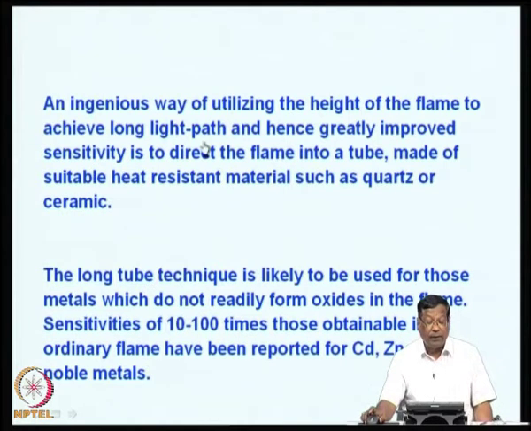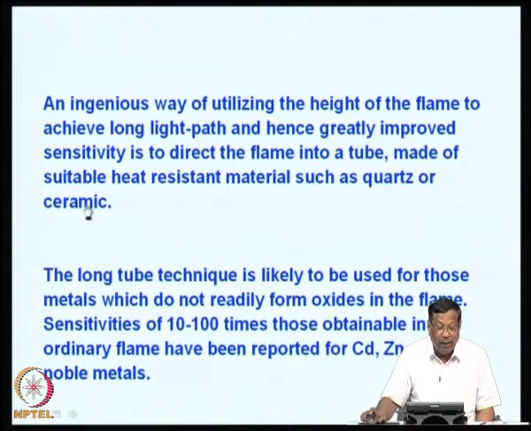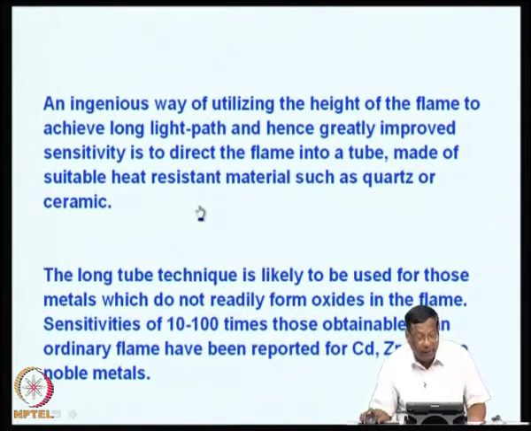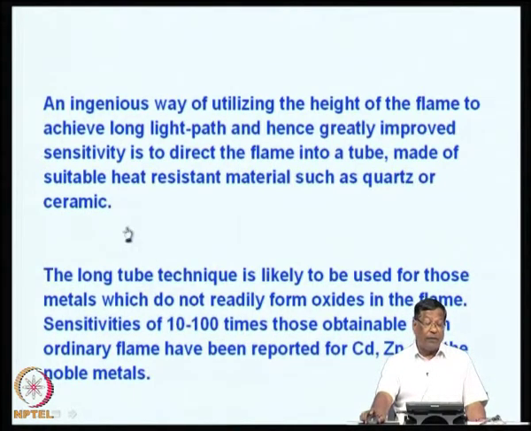How we increase the sensitivity is by utilizing the height of the flame to achieve a long light path, and hence greatly improved sensitivity is obtained by directing the flame into a tube made of suitable heat resistant material. You can also use quartz or ceramic.